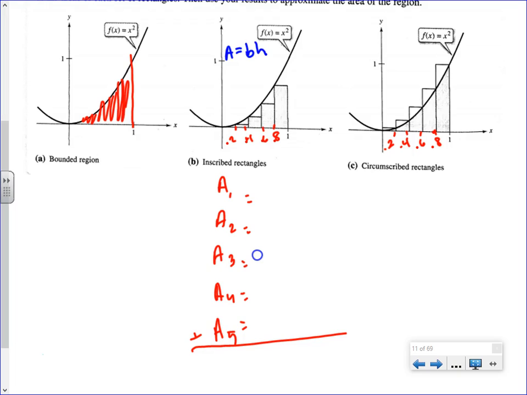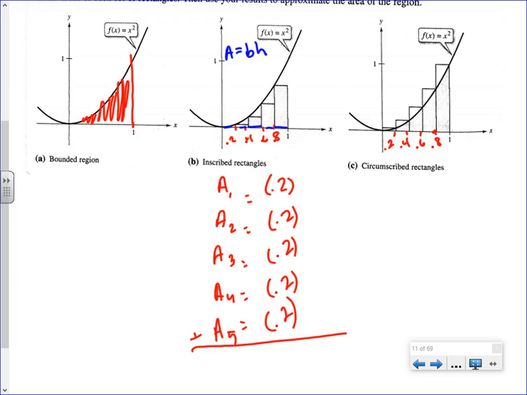Now hold on. Look at your rectangles. Specifically, in this example, how wide are the bases? 0.2. So every single one we can put 0.2? True? But is that enough for area? No. What else do we need besides the bases of 0.2 distance or length?